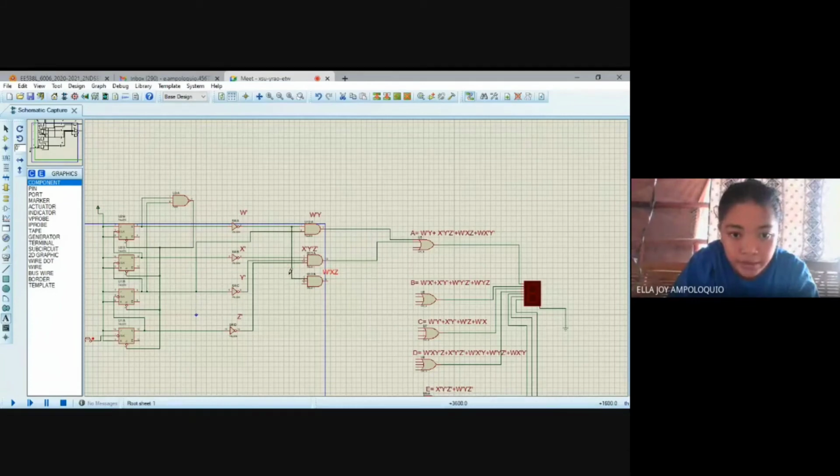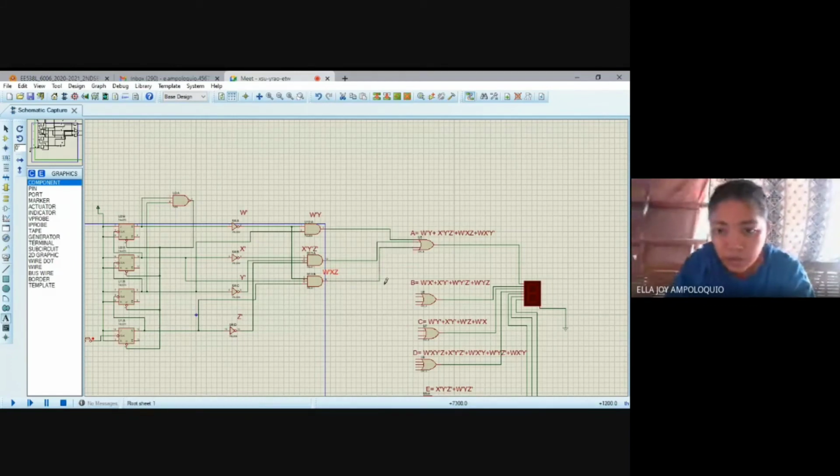Since this is the X here, I will connect X right here. Then Z, have it here. Then I will connect the output.